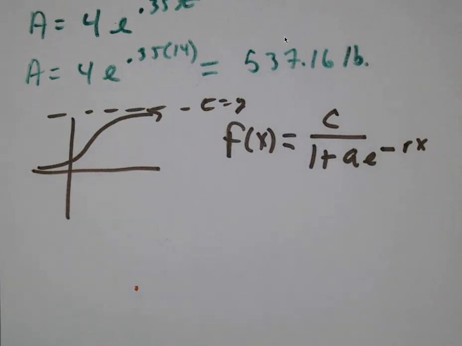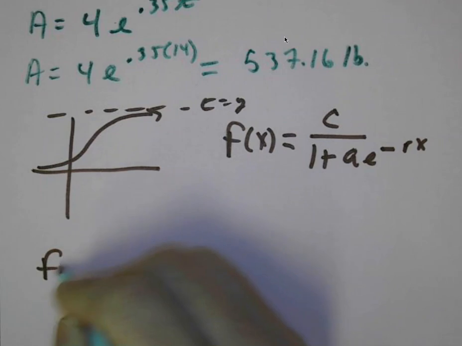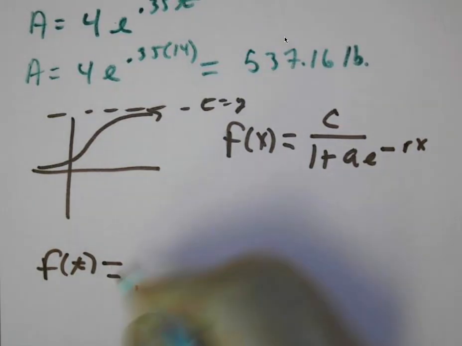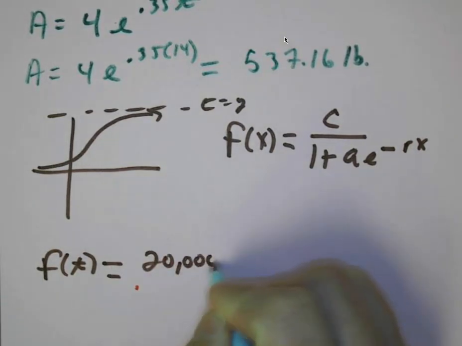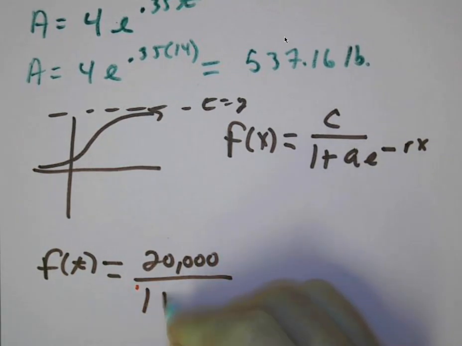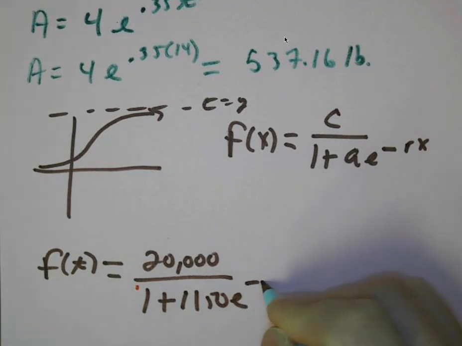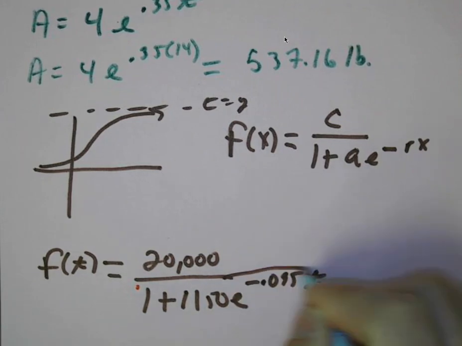So let's look at number 7. It says a disease begins to spread in a town of 20,000 people. After t days, the number of people who have been infected by the disease is modeled by the function below. Use the function and find the number of people infected after 10 days. So they gave us this function for number 7. We're not worried about the graph.